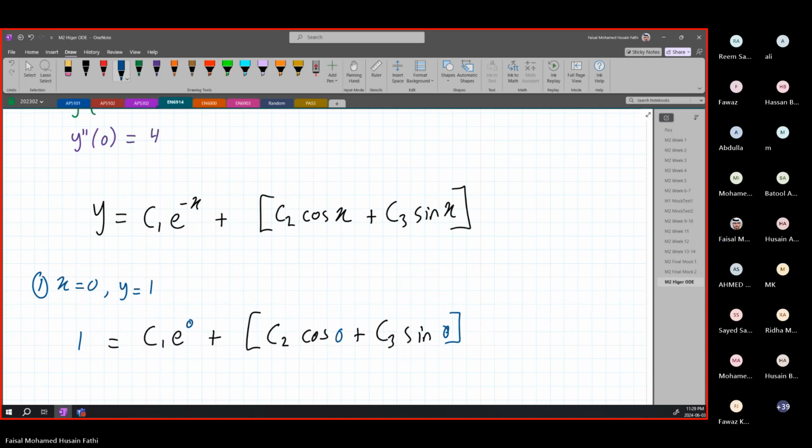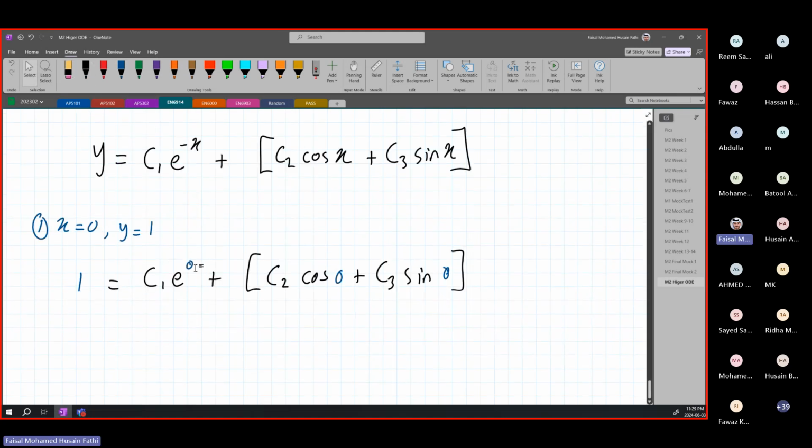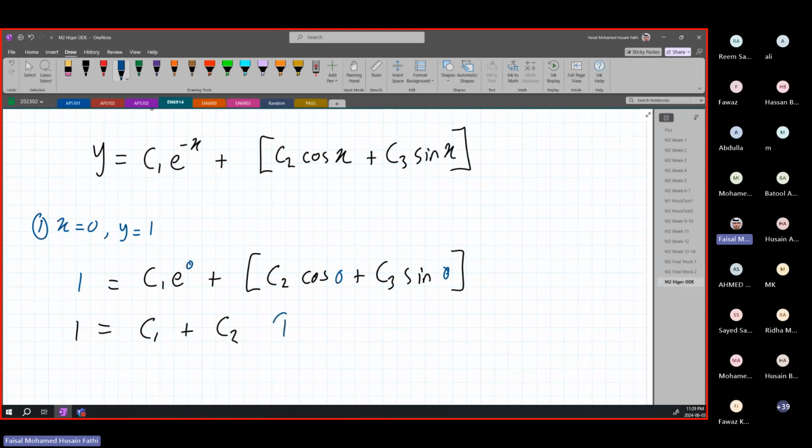All right. This is our first equation. If you notice here, e to the power of 0 is 1, so 1 is equal to c1 plus cosine is 1, so c2. c3 sine 0 is 0, so we just have 1 is equal to c1 plus c2. And this is our first equation.